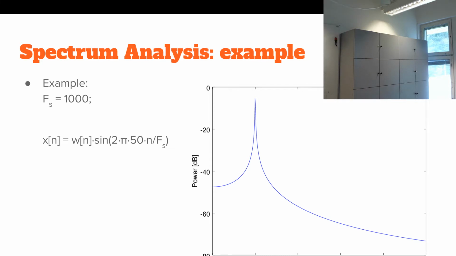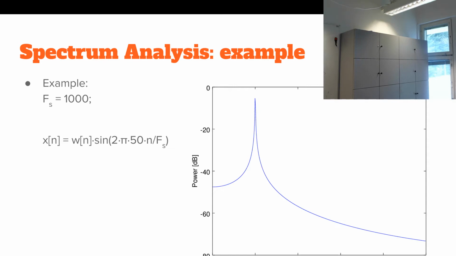Wait a minute. I divided 1,000 samples per second into 1,024 points on the unit circle.